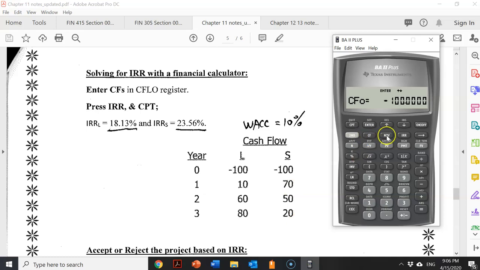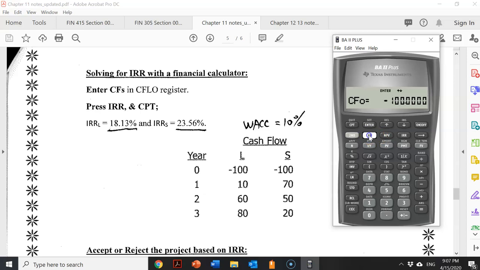And then instead of pressing NPV, we press IRR this time, so the calculator knows that we set NPV to 0. And we press compute. There's no need to input WACC because we use IRR as our discount rate here. So for S, our IRR is 23.56%. Remember to add the percentage sign back.